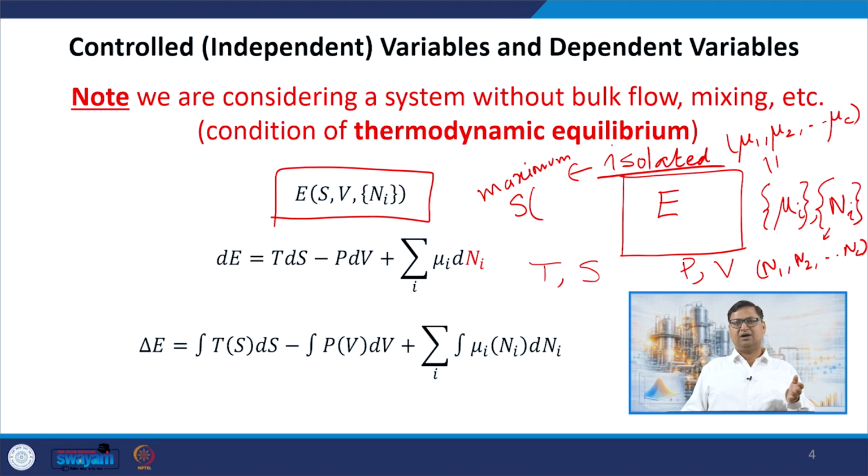So for a system for which energy is kept constant, the number of quanta available is also constant, and when we maximize the ways of distribution of that, that means we will maximize the entropy of the system, right?